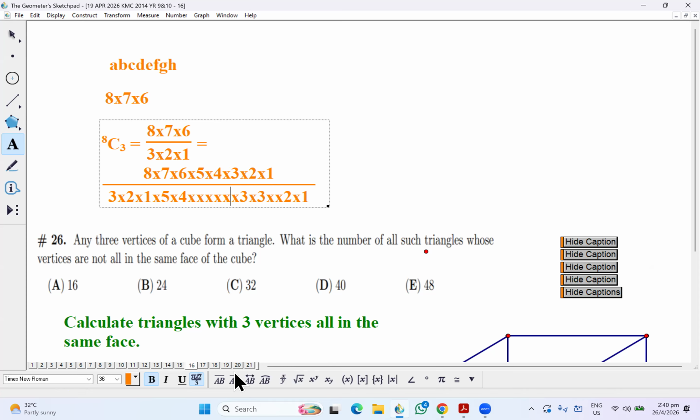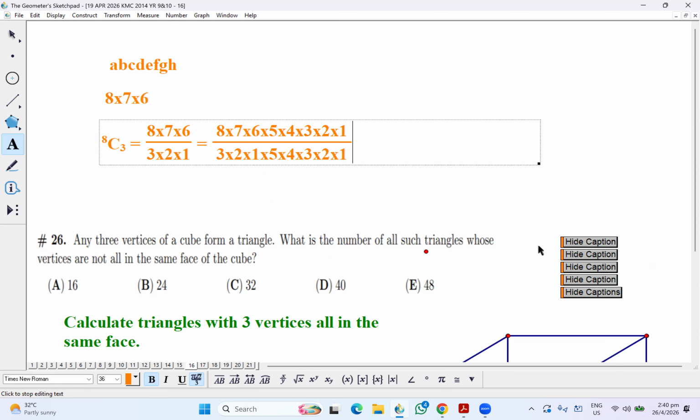What happened? So this creates the formula in factorial notation. The top will become 8 factorial.